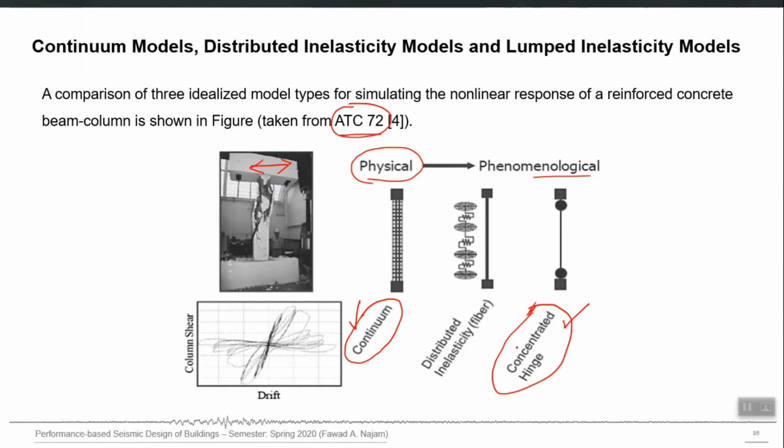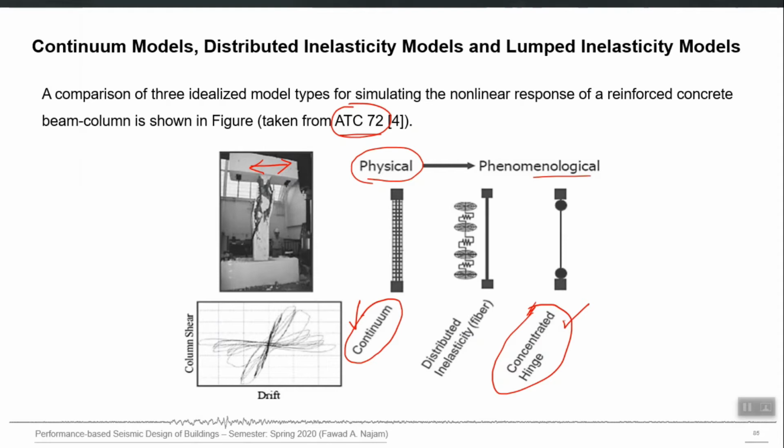But this concentrated hinge model offers the simplicity and the ease in the modeling, so that it can be applied for the whole structure, right? The basic idea is that nonlinear action can be assumed to lump only at certain locations where we expect the most effect of nonlinearity, right?